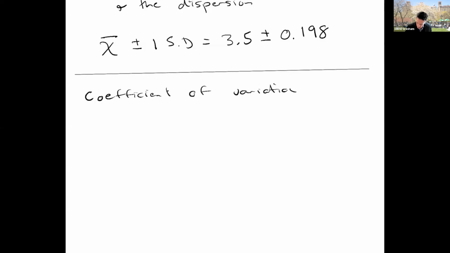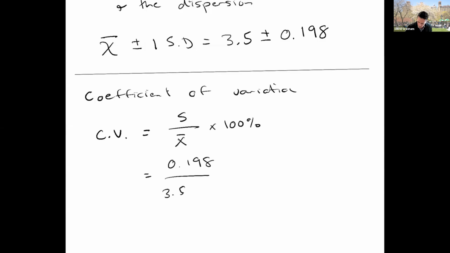And that is simply CV equal to our standard deviation divided by the mean. And then often we multiply this by 100%. So in this case, our standard deviation is 0.198, the mean is 3.51, multiplied by 100%. And now our coefficient of variation is 5.64%.